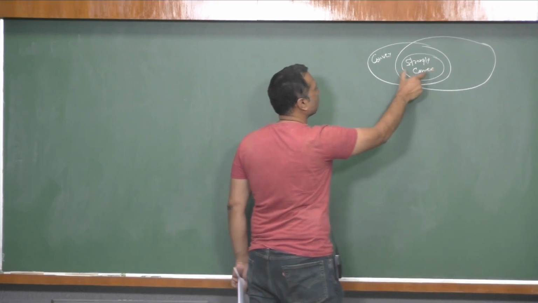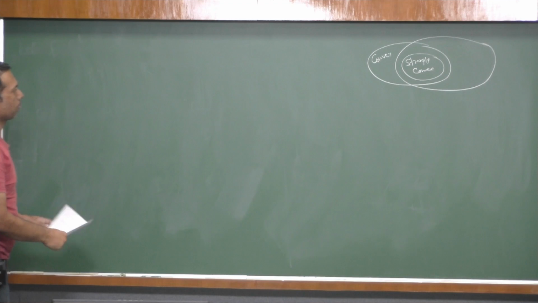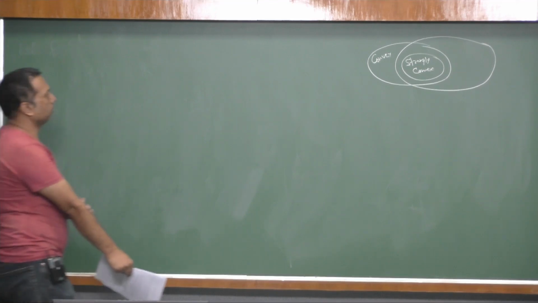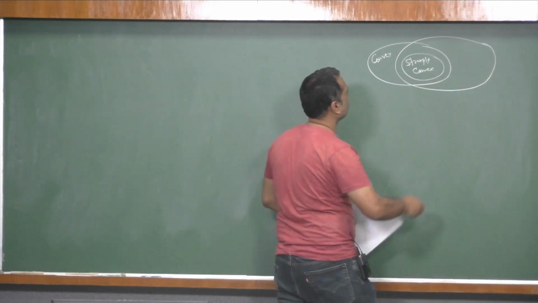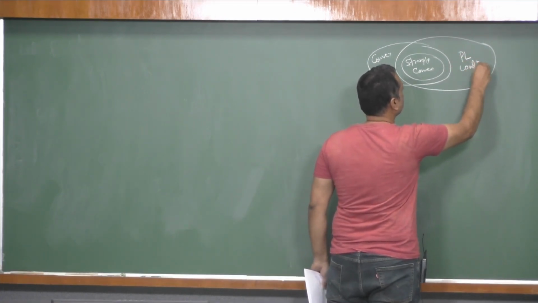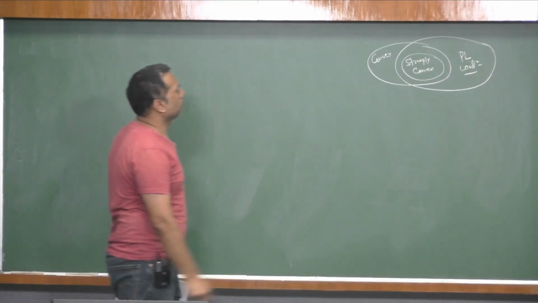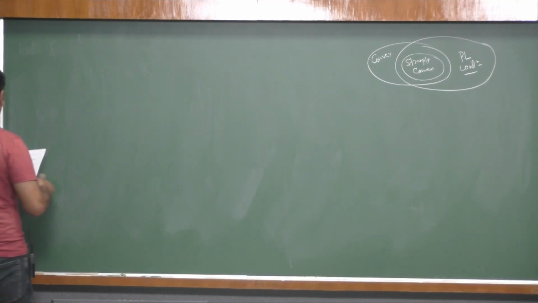Obviously strongly convex is inside convex, so it's a rather special case. But what is interesting is that some part of this is in PL, which is outside both. It's just called the PL condition. P and L are initials of two mathematicians. So we first do strong convexity.